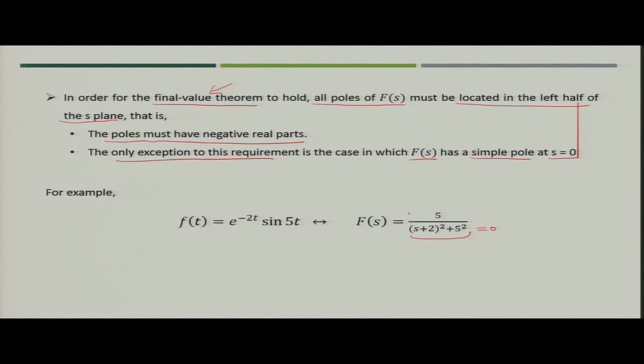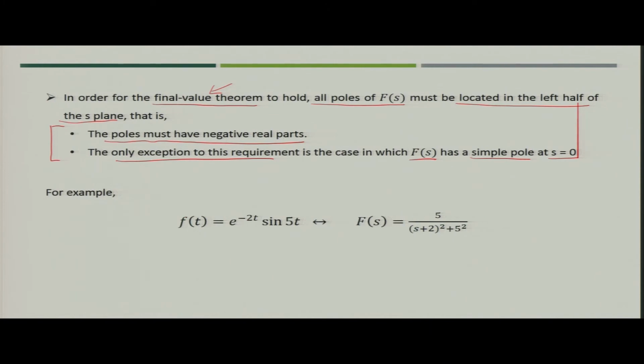That means if this expression has another component like 1 by s, then you will have one pole at s equal to 0. That is the only exception. So, these two things you have to always keep in mind when you are asked to find the final value of the function f(t), that is f(infinity).